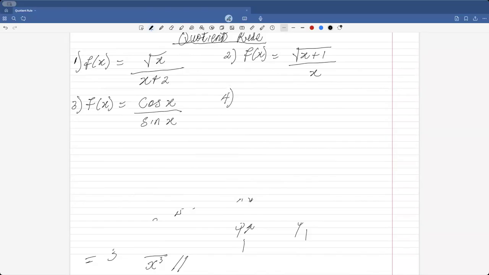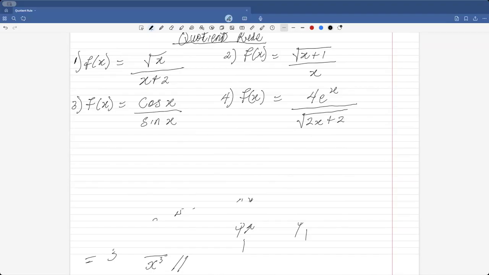Number 4, we have f(x) equals 4e to the x over the square root of 2x plus 2.